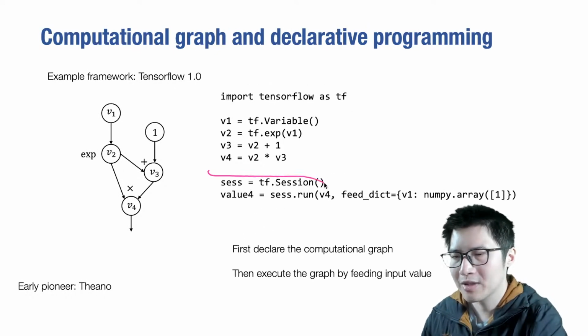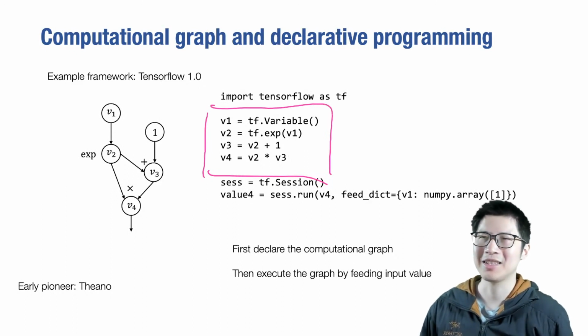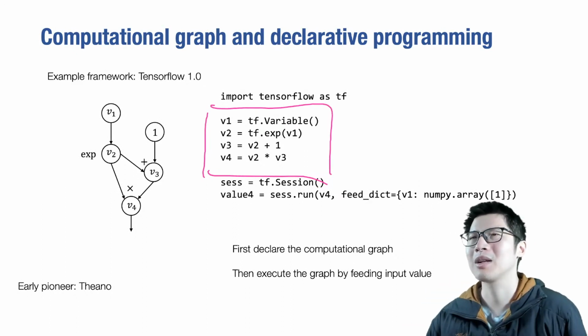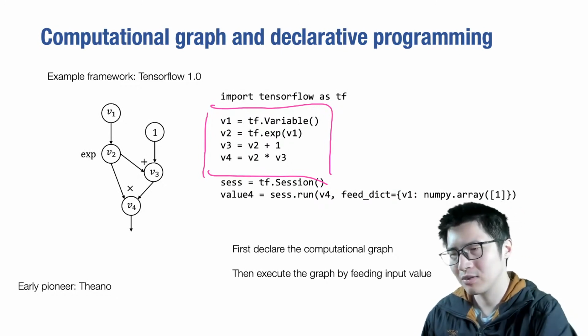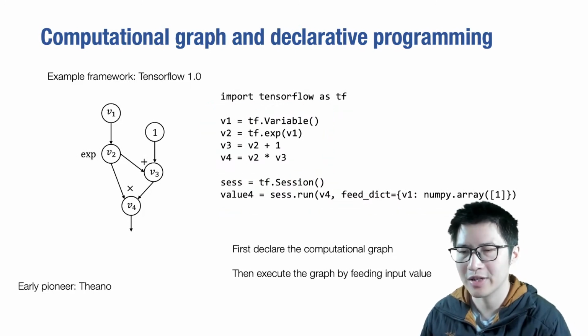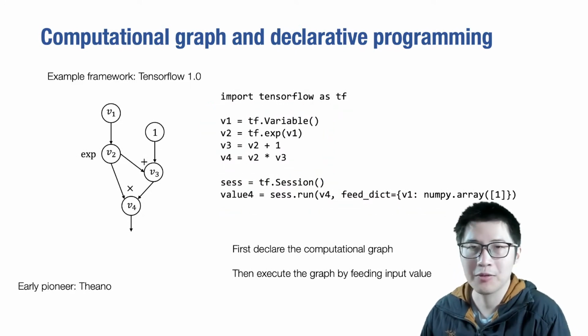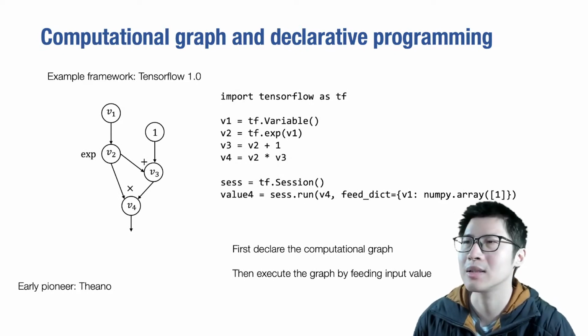Effectively, if you look at here, the first component is what we call a TensorFlow programming language that tries to describe the computational graph in here. And then you can only declare and then run the computation. So imagine that you want to do things like, if v4 is bigger than 0.5, we are going to do one kind of computation, otherwise we're going to do another.